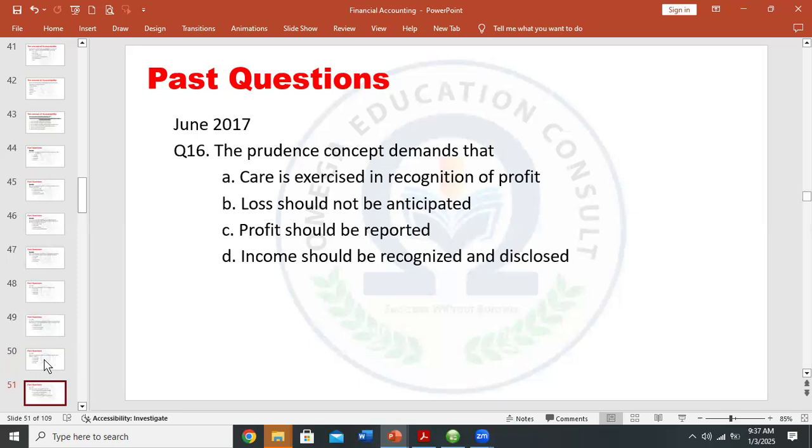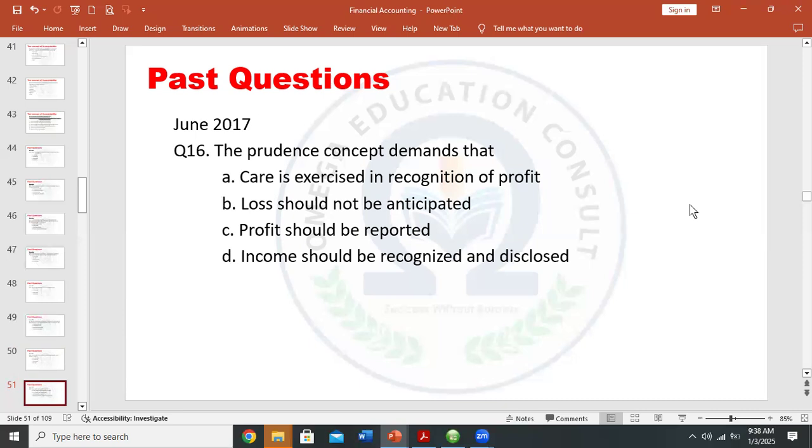Okay. The next one says the prudence concept demands that A, care is exercised in recognition of profit. B, loss should not be anticipated. C, profit should be reported. And D, income should be recognized and disclosed.